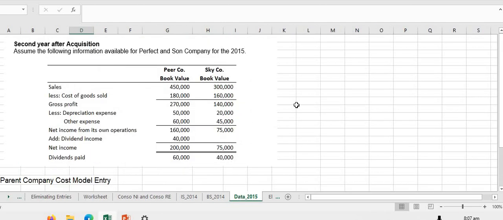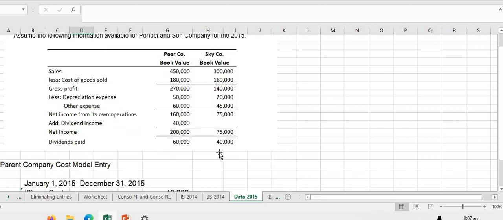Next, we have here what if no subsequent related acquisition. Okay, so you have here the balances, the net income of the parent and the subsidiary. Okay, in the second year, or second year after the acquisition. So we have here the parent reported net income of 200,000, and then the subsidiary reported net income of 75,000. Okay.